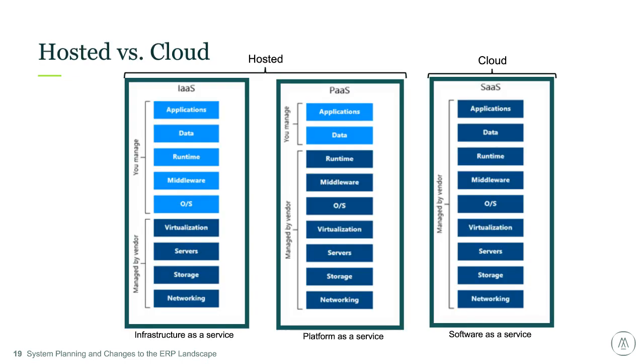So to do this, let's use a case study of the various hosting options available for Microsoft Dynamics 365. And full credit to Microsoft for this slide. So you could have a basic hosting service where a company outsources its ERP infrastructure, but the company is still responsible for the ERP application, the database, and operating system.